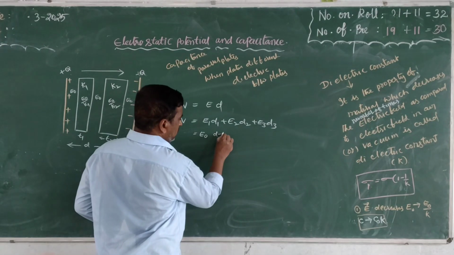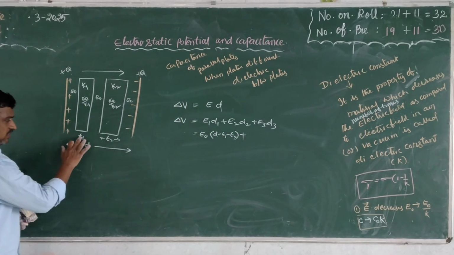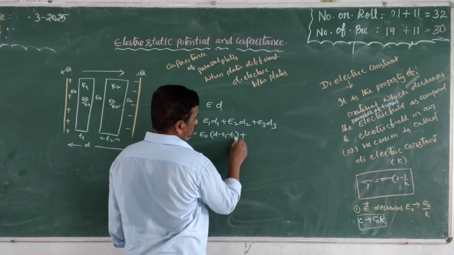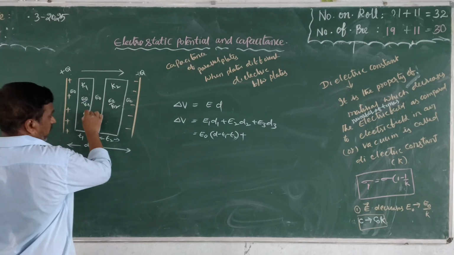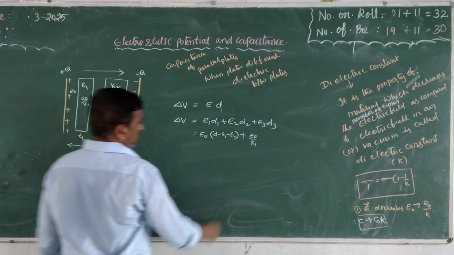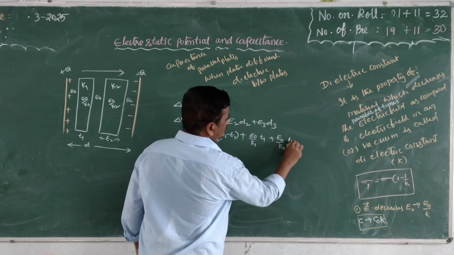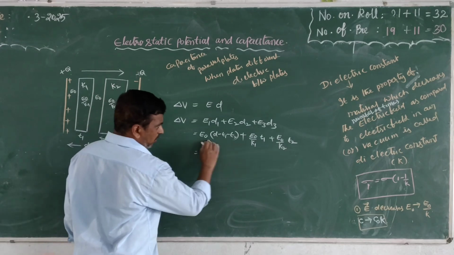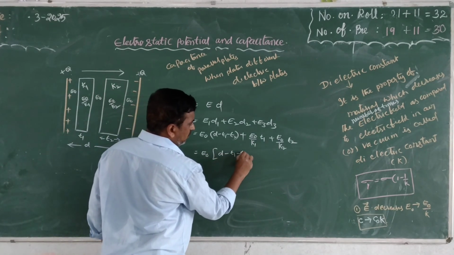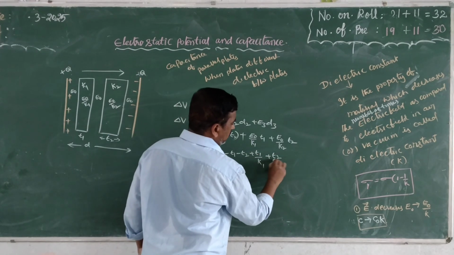See, D minus T1 minus T2, that is the thickness: we subtract these thicknesses from D and the remaining space is this. So I write D minus T1 minus T2, plus E2, which is E naught by K1, with thickness T1, plus E3, which is E naught by K2, with thickness T2. Here all have E naught in common, so we can write E naught into D minus T1 minus T2 plus T1 by K1 plus T2 by K2.